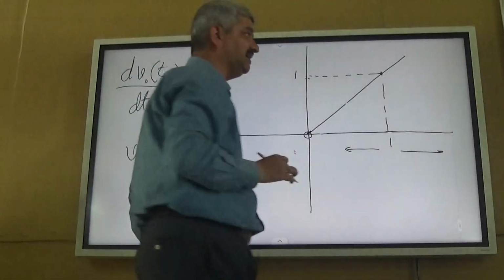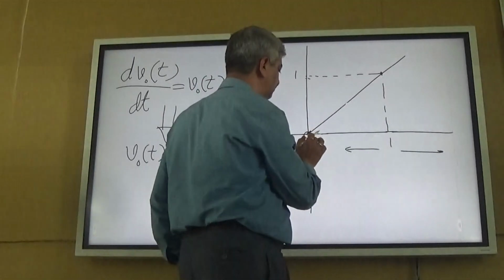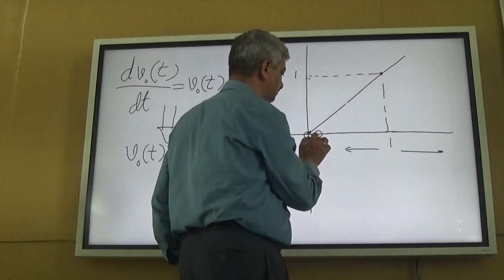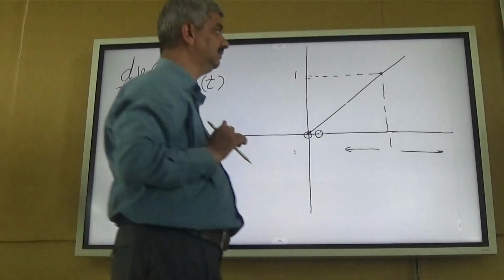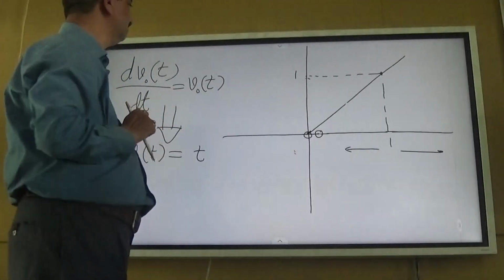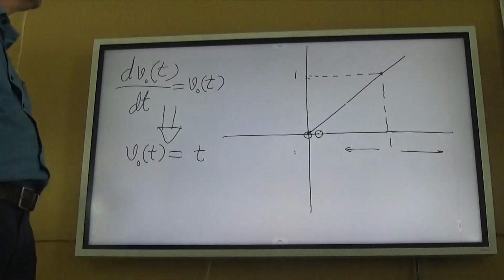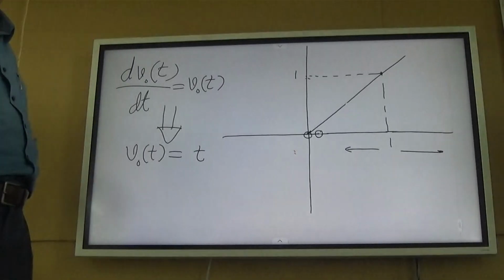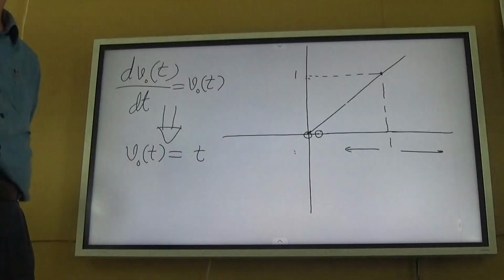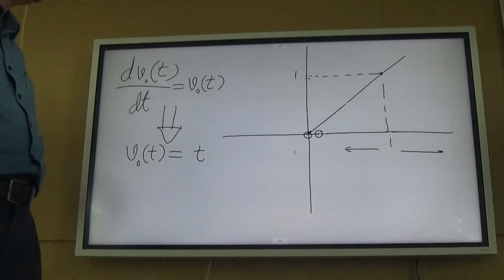The moment I come here, what happens? VOT changes, so the slope will also change. dVOT by dt is VOT.